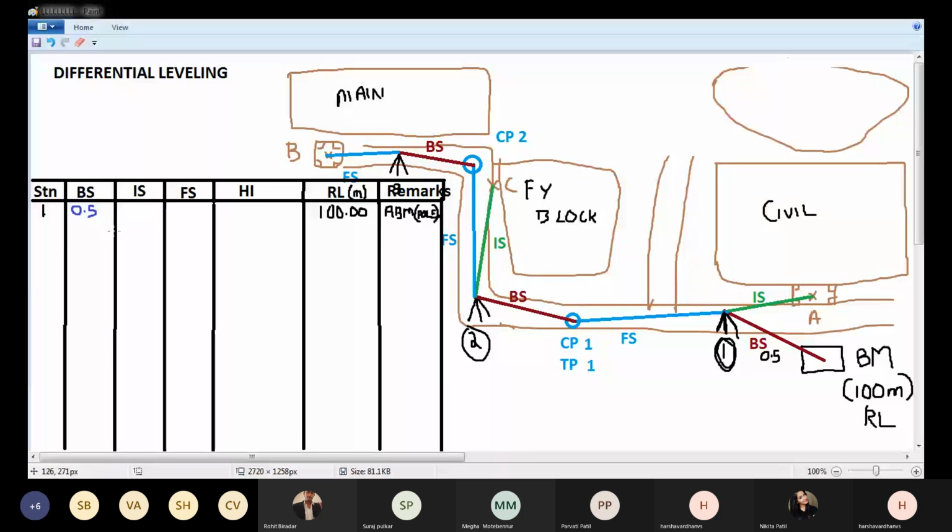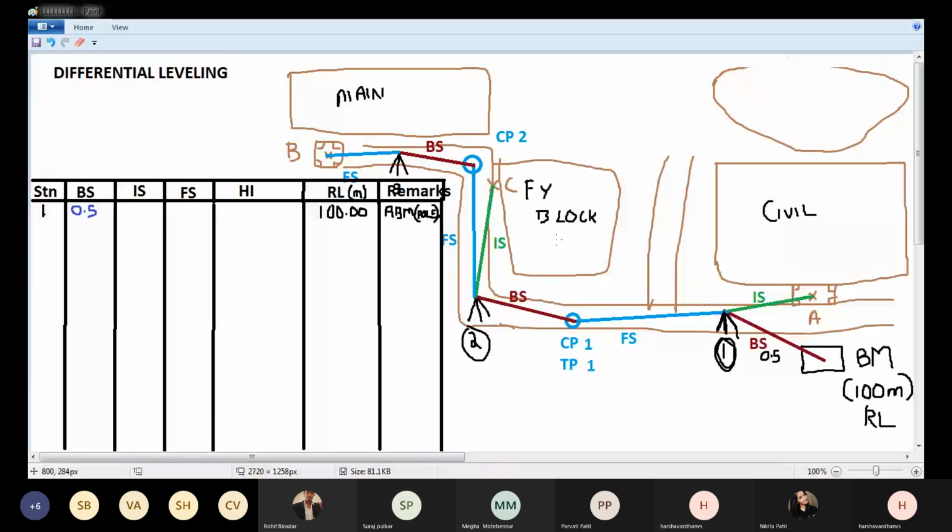Okay, do you know what is benchmark, backside, foresight, intermediate side? Or do I have to explain those terms? If you don't know what is the meaning of foresight, backside, and intermediate side, raise your hand.